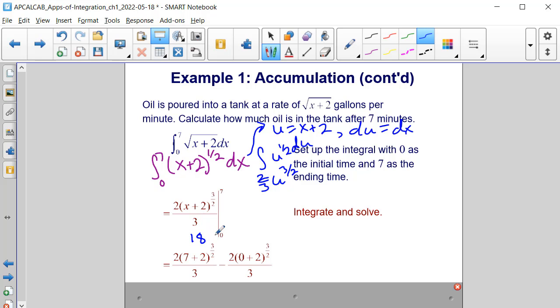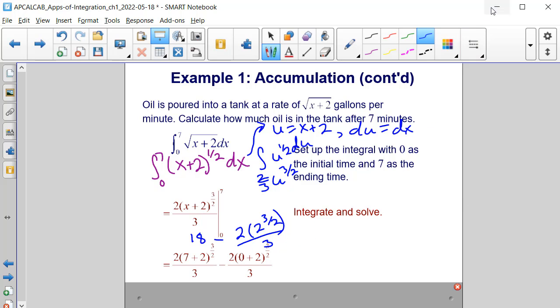So we have 18 minus 0 plus 2 is 2. 2 raised to the 3/2, that's going to be a little bit more ugly. So we could do 18 minus 2 times 2 to the 3/2 divided by 3.